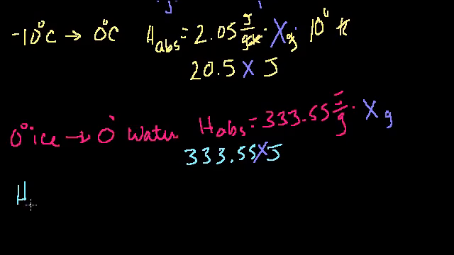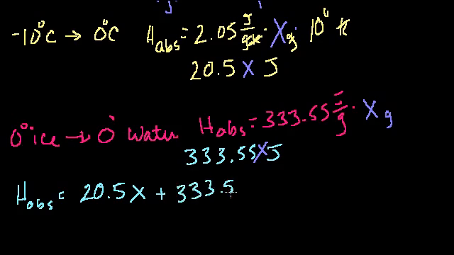The heat absorbed is equal to the heat it can absorb when it goes from minus 10 to 0 degrees ice, and that's 20.5 X, where X is the number of grams of ice we have, plus the amount of heat we can absorb as we go from 0 degree ice to 0 degree water, and that's 333.55 X. And of course, all of this is joules. So this is the total amount of heat that the ice can absorb without going above 0 degrees.